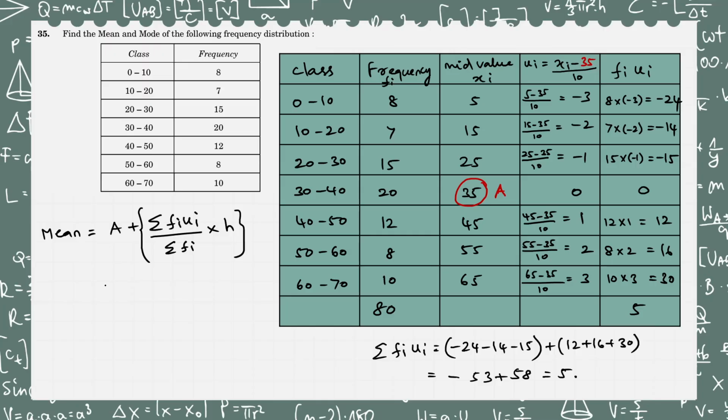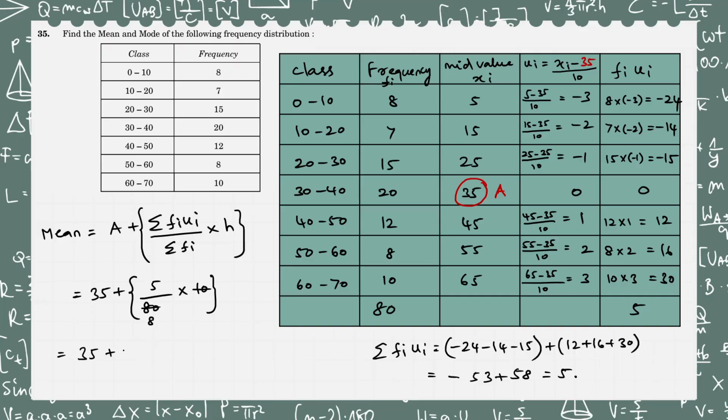So now let us put the values here. The A value will be 35, so this is 35. And the fi ui total is 5, the fi total is 80, and the h value is 10. Now we can cancel something in the curly brackets: 10 and 80, 8 times we can cancel.